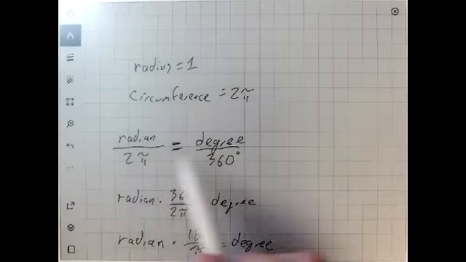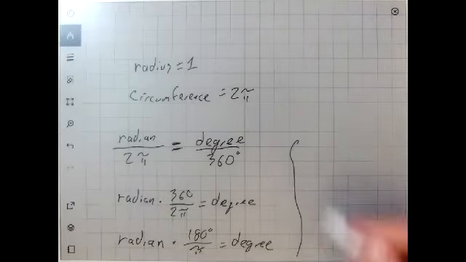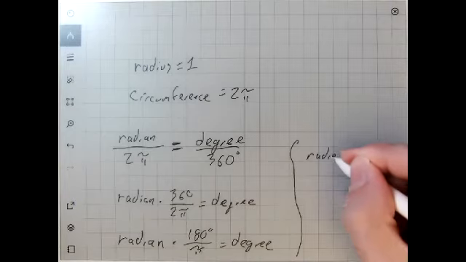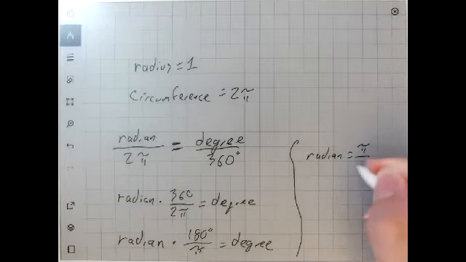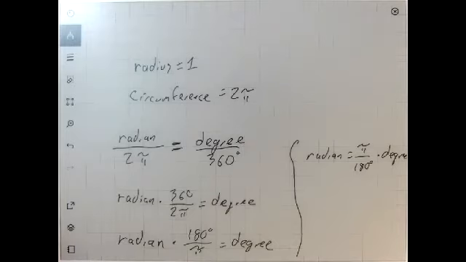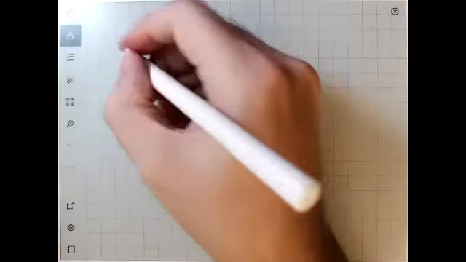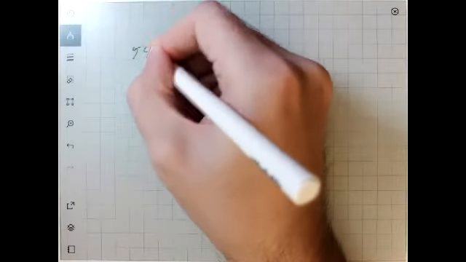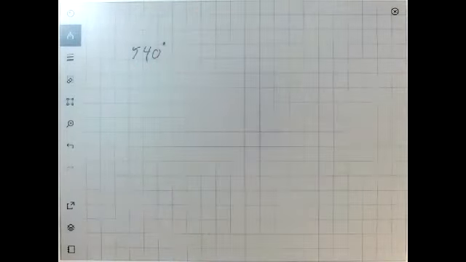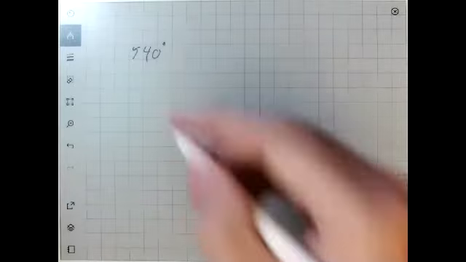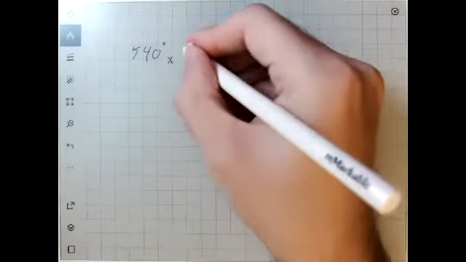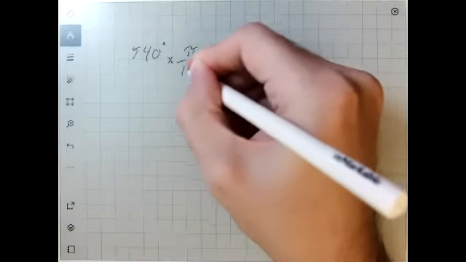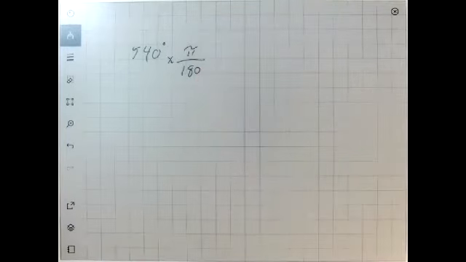Or, if I multiplied by 2 pi instead, I would get that the radian measure is pi divided by 180 degrees times the degree measure. So, if I have an angle like 540 degrees, I can multiply 540 degrees times pi divided by 180.